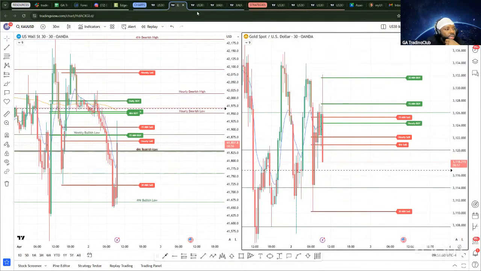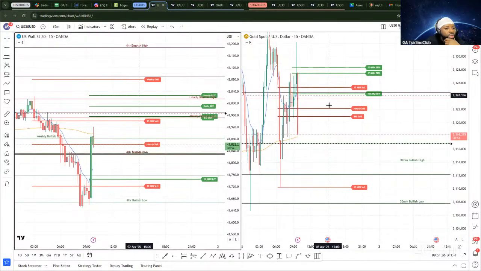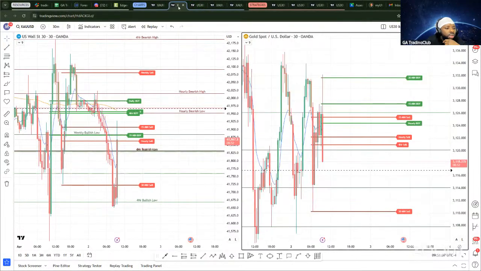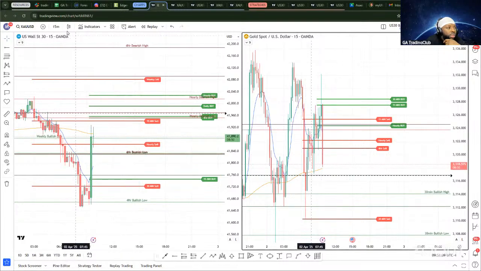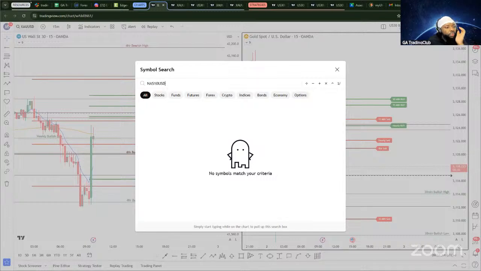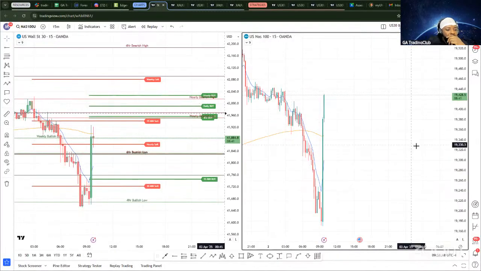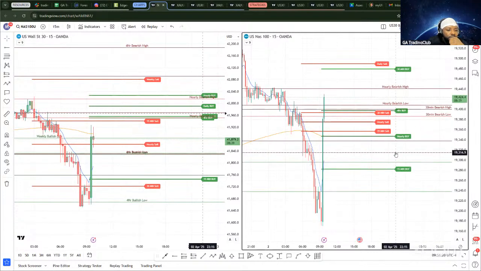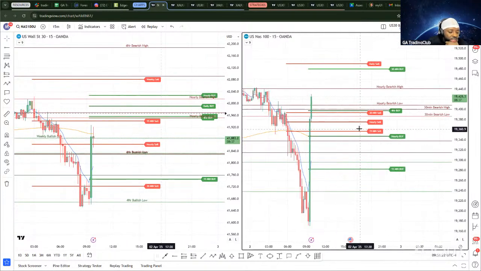US 30 really doesn't want to give the, let's look at NAS. NASDAQ, NASDAQ, NASDAQ.